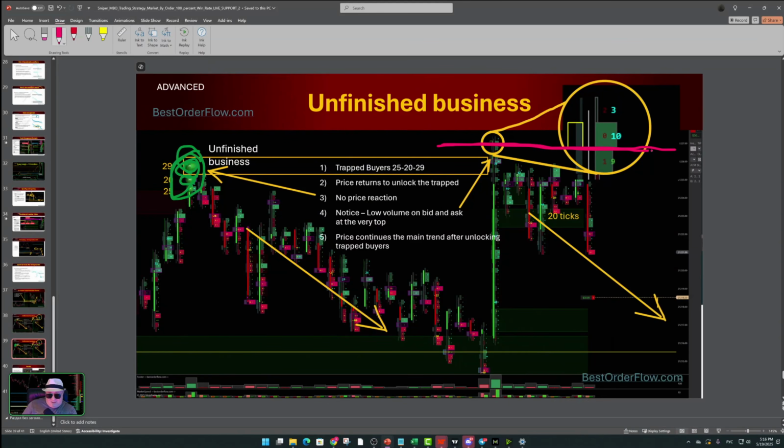But at this time, there was no significant level 2 sitting over here, and so I did not participate. But in other systems, not in the Sniper MBO, that's a good position to enter a short.